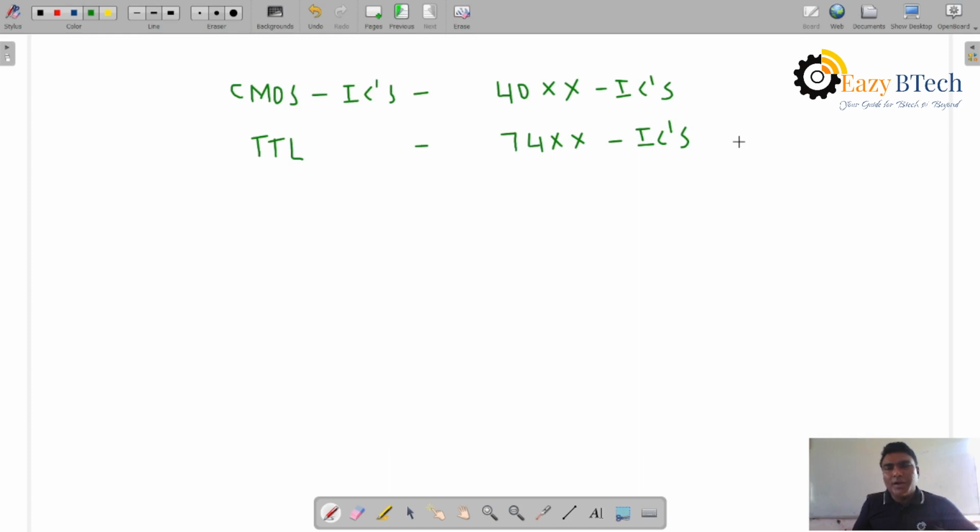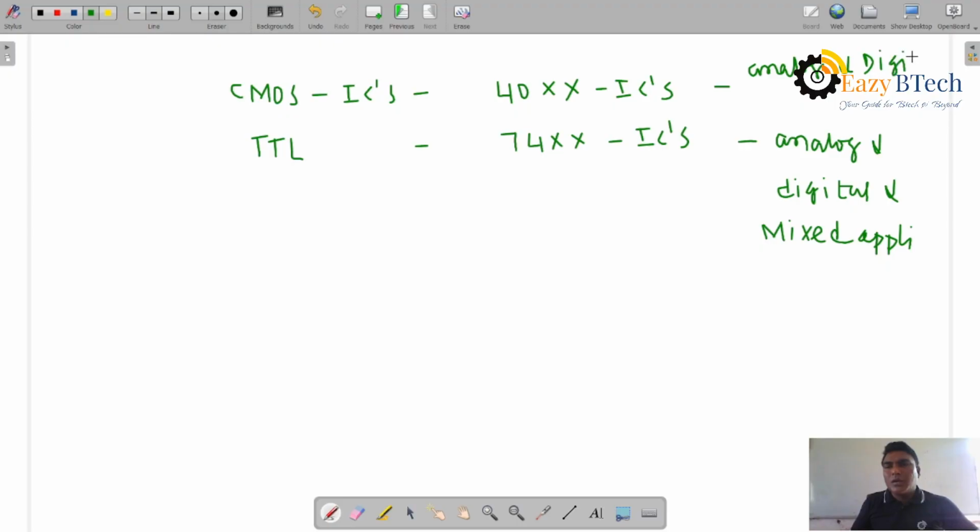They are used for different applications: analog, digital, and mixed applications. Mixed applications we can also use with TTL and CMOS, right? Here also analog and digital, and mixed applications; we can use the 40XX series ICs.